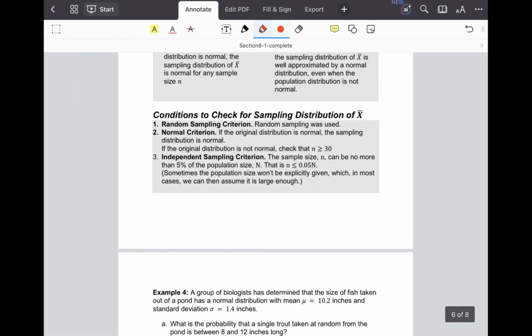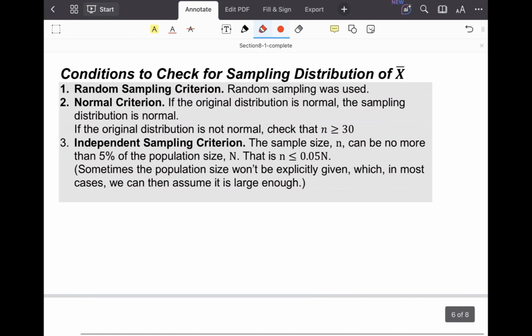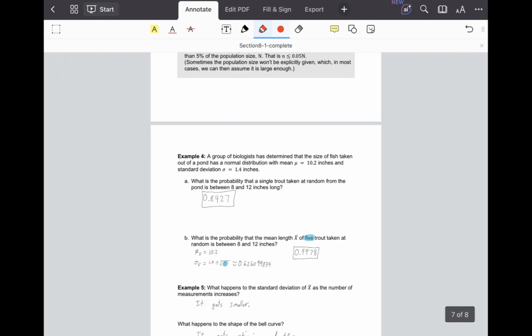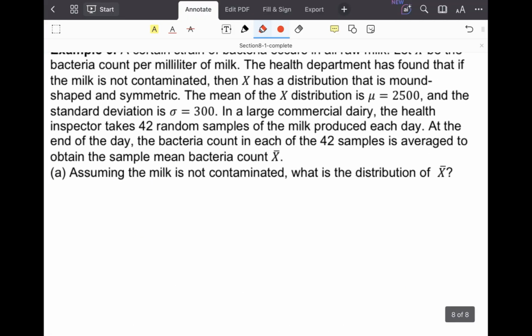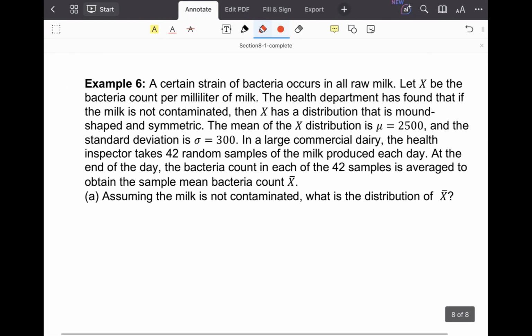And then the last one, it's not really explicitly given in this one, this independent sampling criteria. There's 42. We can estimate. We'd say, okay, they're using a 1 milliliter pipette and they're pulling some milk out. So that'd just be 42 milliliters. That's not a large amount of milk.